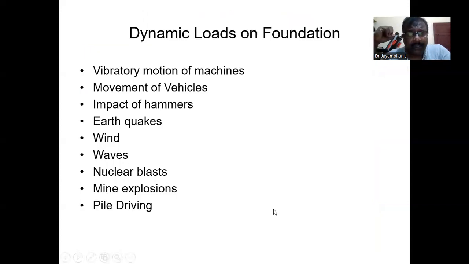Now, the dynamic forces which act on a foundation may be due to various aspects: the vibratory motion of a machine, or in the case of a bridge, the movement of vehicles. Sometimes there are machines which create impact forces, which we call hammers.